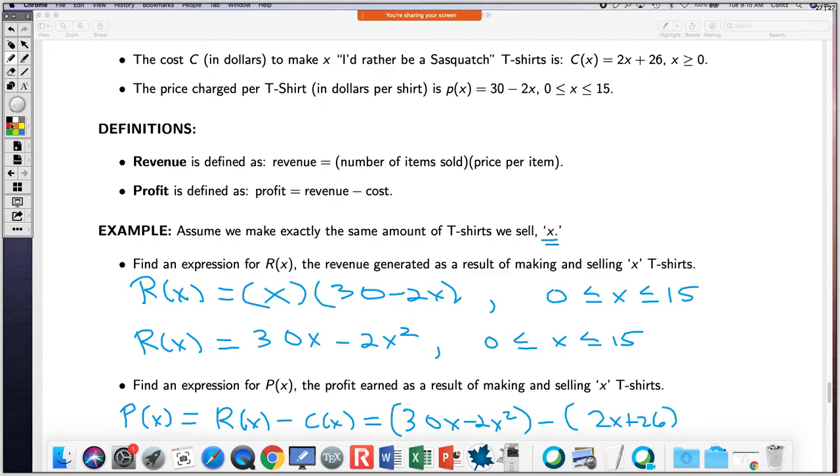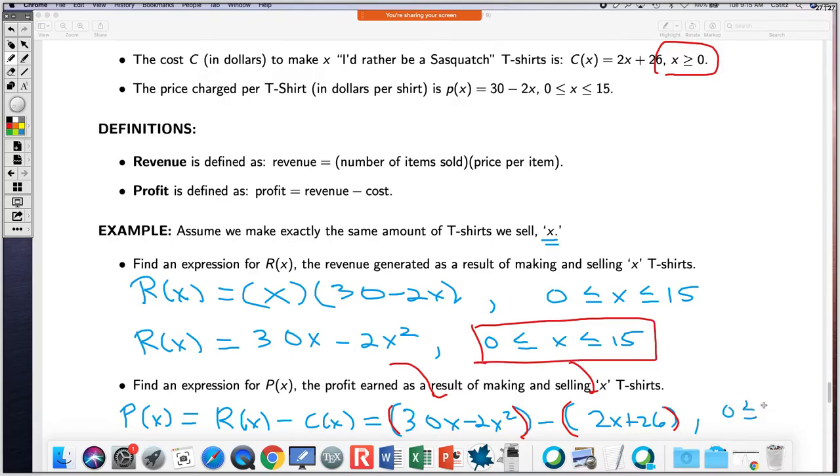So make sure that when you substitute, folks, we're using what? Make sure you use those parentheses there. Okay? Now, the cost function is good for any x bigger than or equal to 0. But the revenue function is good for only x between 0 and 15. So this profit function is only going to be good for x between 0 and 15.